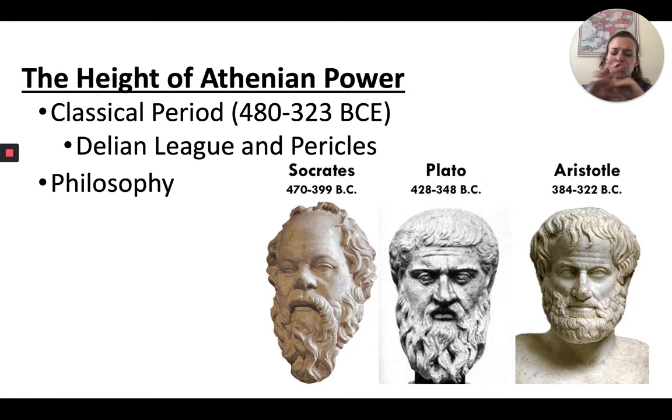So he shifts the emphasis of philosophy away from the question of science, which is what it was, like where does water come from? How do we balance the 4 humors? To questions of ethics and human behavior. So a lot of his students are going to come from these very elite, wealthy families. And he didn't really suffer fools lightly.